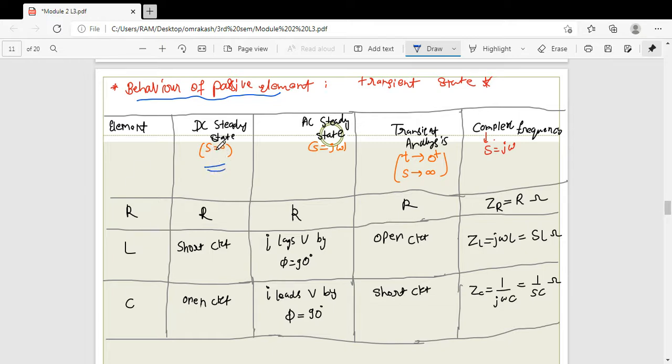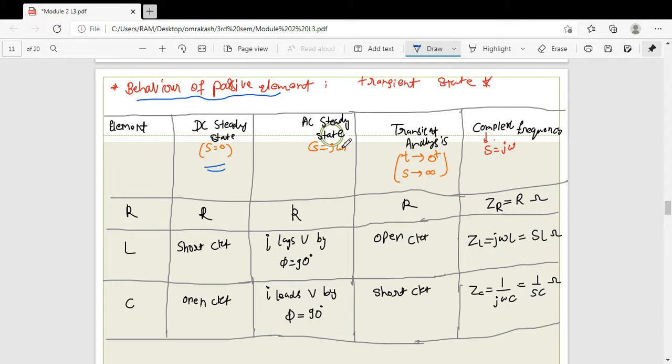When you put s equals 0, then L acts as a short circuit and C acts as an open circuit. Generally, we discussed this problem in our previous classes, right? But now for steady state analysis, you have to put s equals j omega, right?